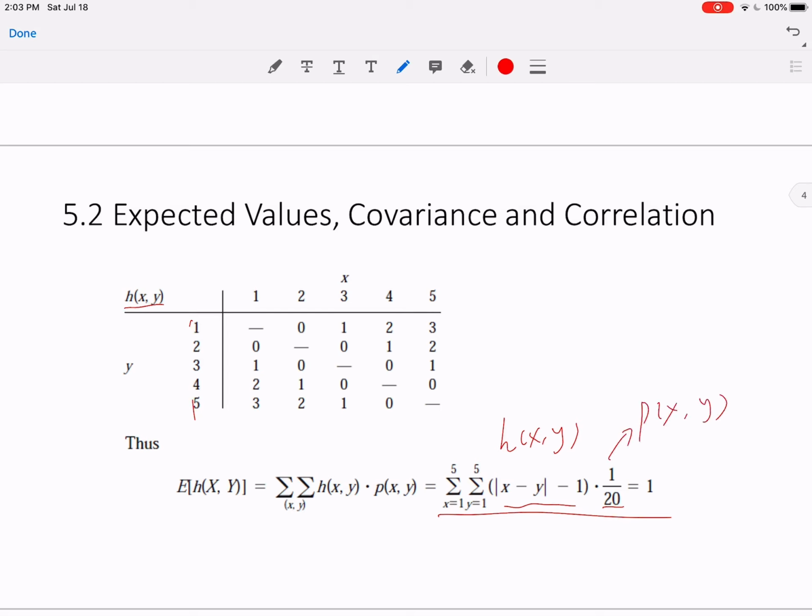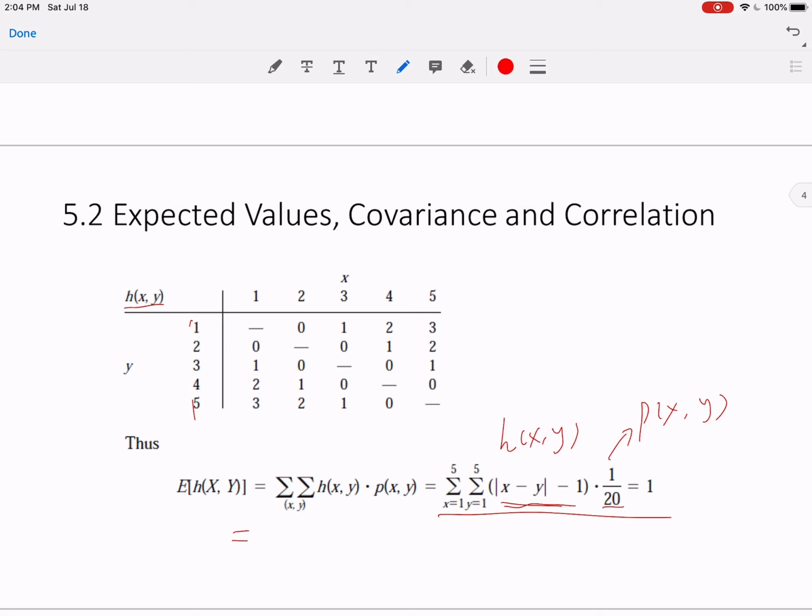So actually, what we're doing here is adding the product of each function value and the joint PMF. So if we want to find the function value, we need to plug each possible ordered pair given in the table back into this expression to find the corresponding function value.